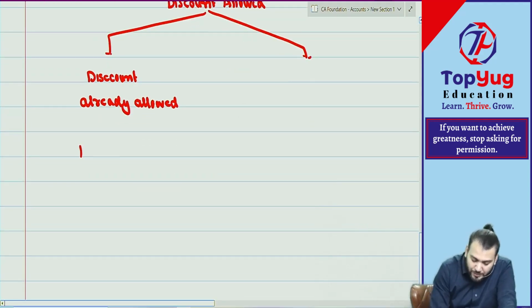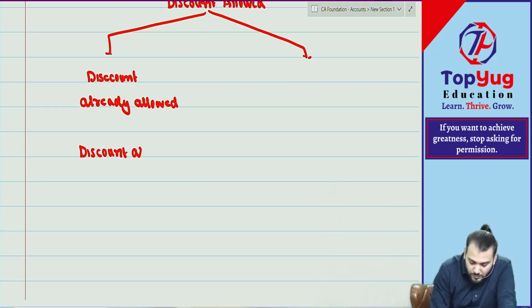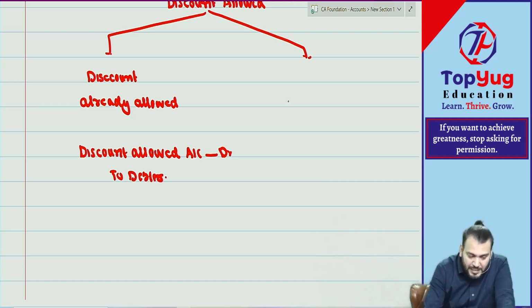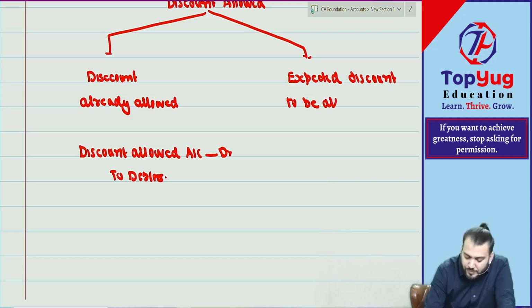Discount allowed account debit to debtor. And if there is some expected discount to be allowed, to be allowed meaning in future, then what journal entry do we need to create?